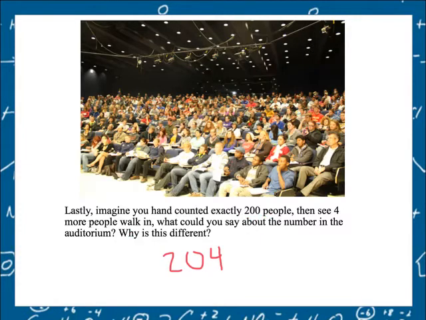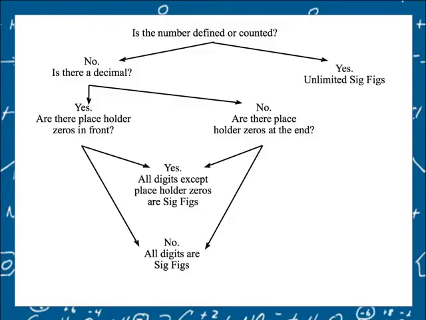So we're going to use a set of rules, and I'm going to get to a flow chart for that on the next slide. Okay, so when we're looking at a measurement, the first thing I want you to ask is: is this number defined or counted? We're going to be dealing mostly with things that can't have fractions.